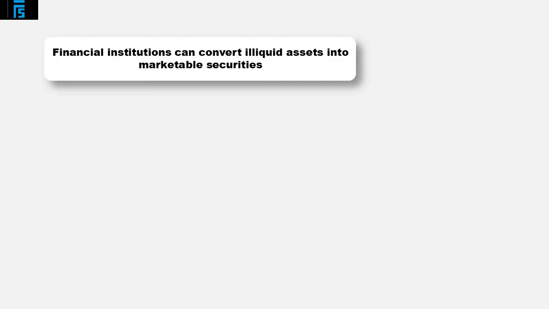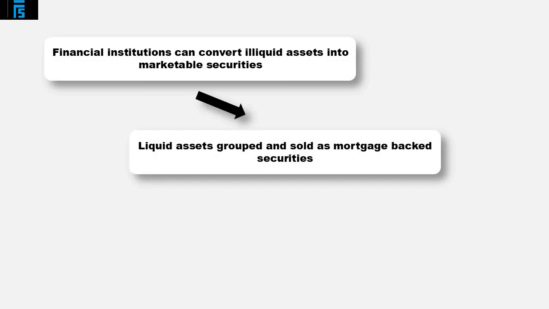In recent years, financial institutions have received a lot of bad publicity for this practice, particularly in countries affected by the recent mortgage crisis. Illiquid assets, such as long-term loans like mortgages for personal homes, can be grouped together and sold as mortgage-backed securities. These are long-term loans backed by the asset, a person's home.